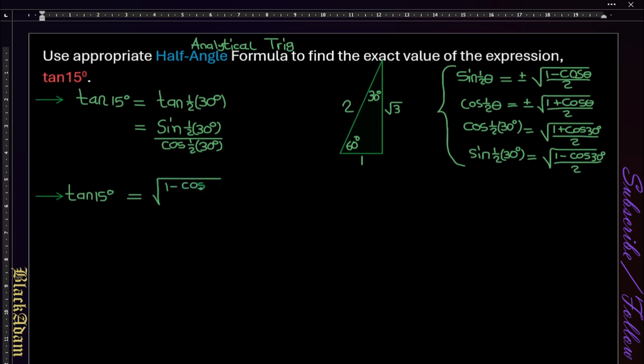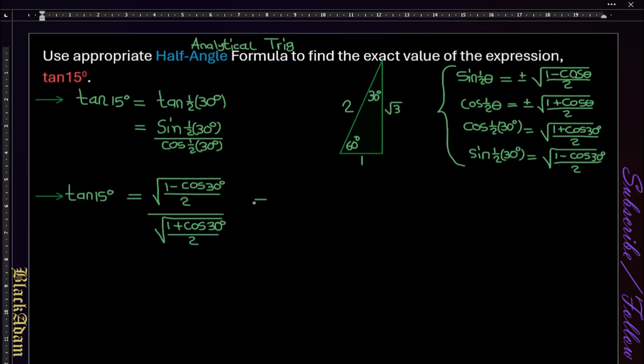the root of 1 minus cos theta all over 2, divided by the root of 1 plus cos 30 degrees over 2.